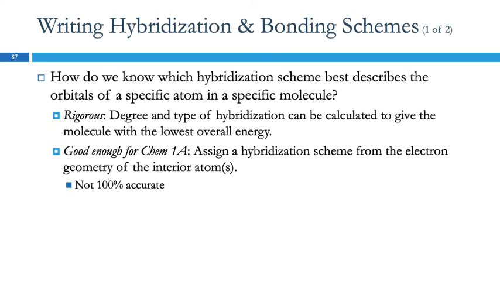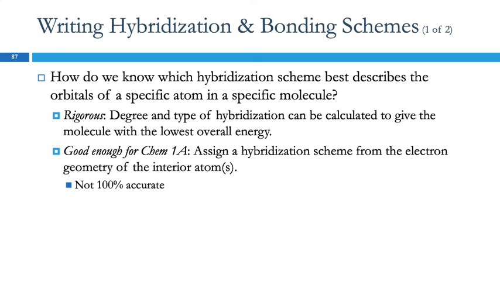So how do we know which hybridization scheme is best? Well, the rigorous method is you look at the degree and type of hybridization, and you calculate it to give the molecule that has the lowest overall energy. Boring. We're going to go with good enough for Chem 1A. We're going to assign hybridization scheme from the electron geometry of the interior atom. So we're looking at number of electron groups.